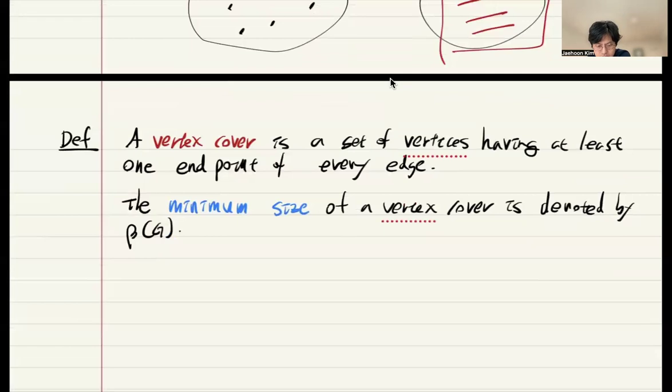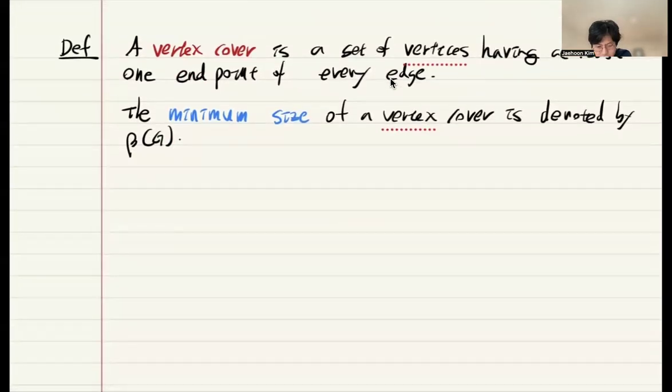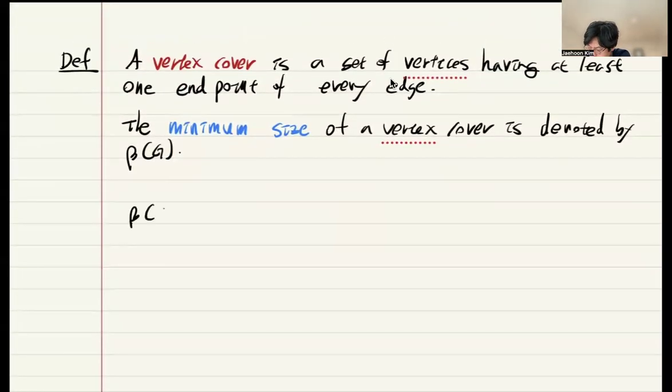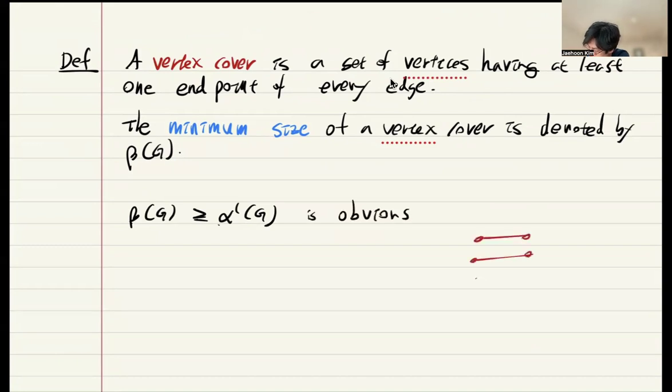Then it's natural to find the relationship between these two parameters, alpha prime and beta. In fact, this relation is obvious. Why? If you have a matching, then what happens?